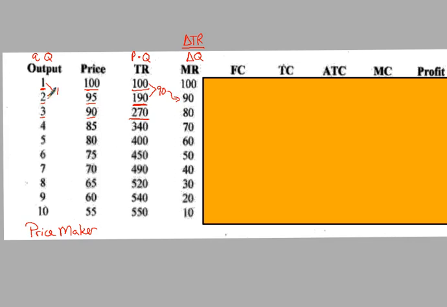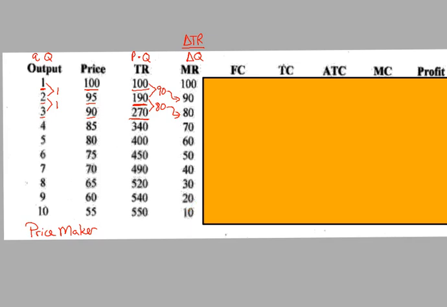When output went from 2 to 3, output changed by 1. The total revenue changed from 190 to 270, so that went up by 80. And so we would do 80 divided by 1, change in total revenue divided by change in quantity, and that would give you the marginal revenue of 80, and so on you would go the rest of the way down. So those are the marginal revenues.